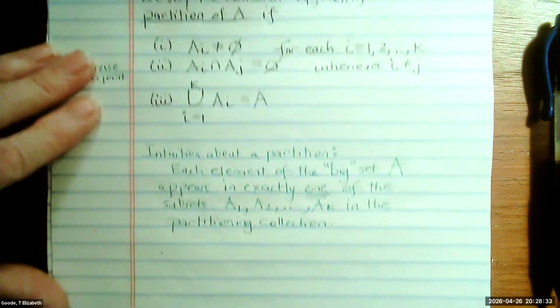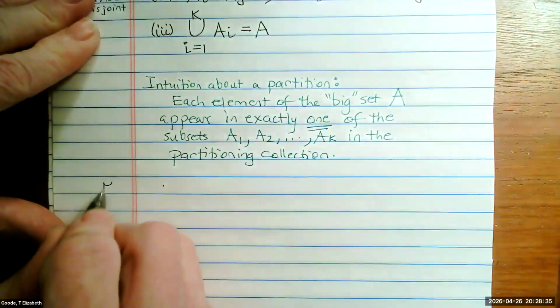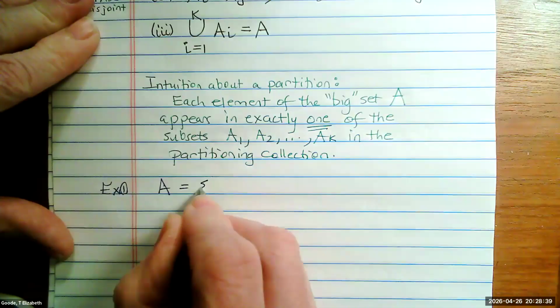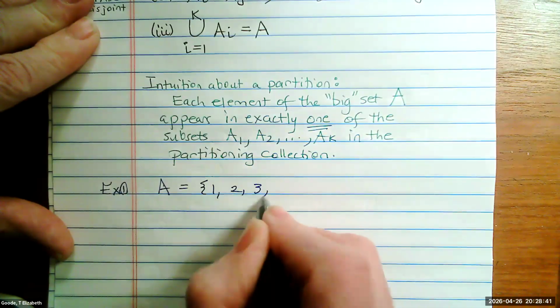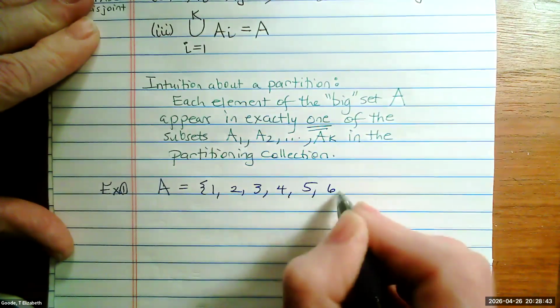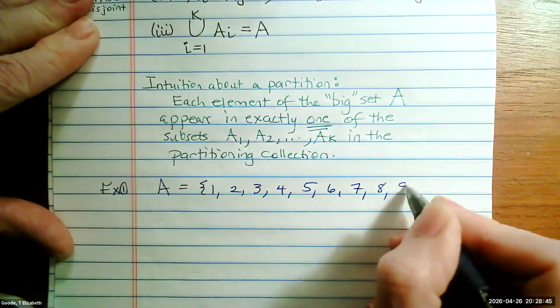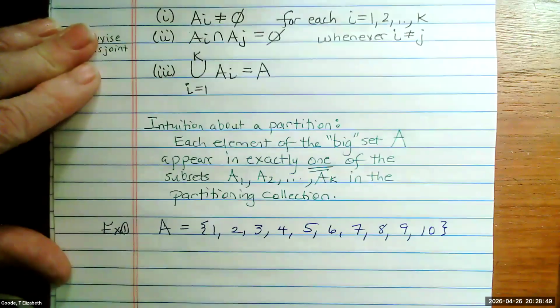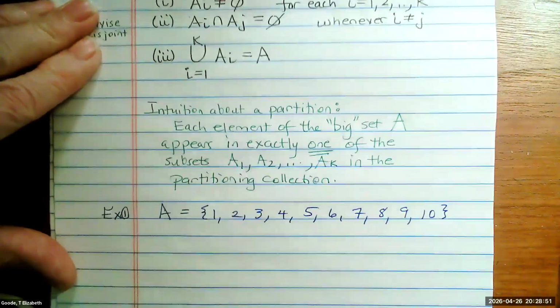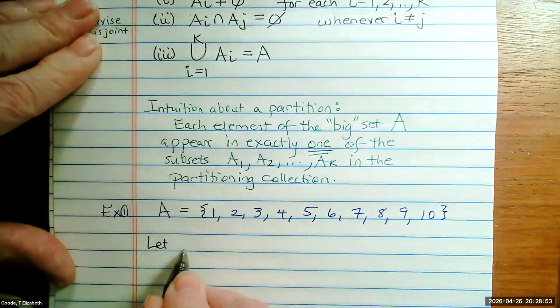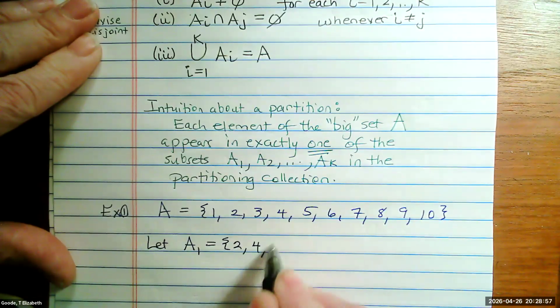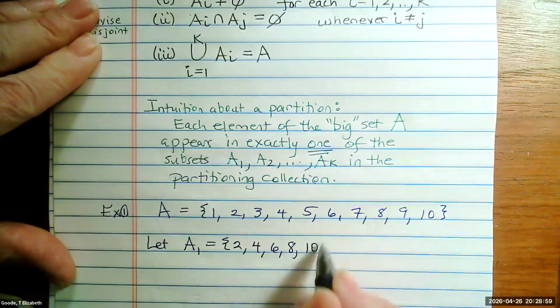So let's look at an example. Let's say A is the set that contains 1, 2, 3, 4, 5, 6, 7, 8, 9, 10. So it's a pretty big A. We're going to try to build a partition. We're going to let A1 be the evens, 2, 4, 6, 8, and 10.